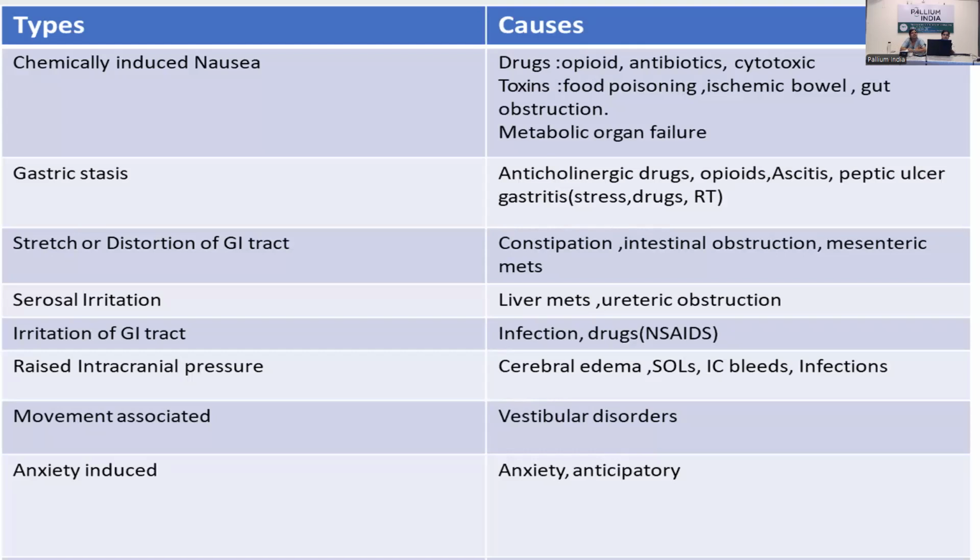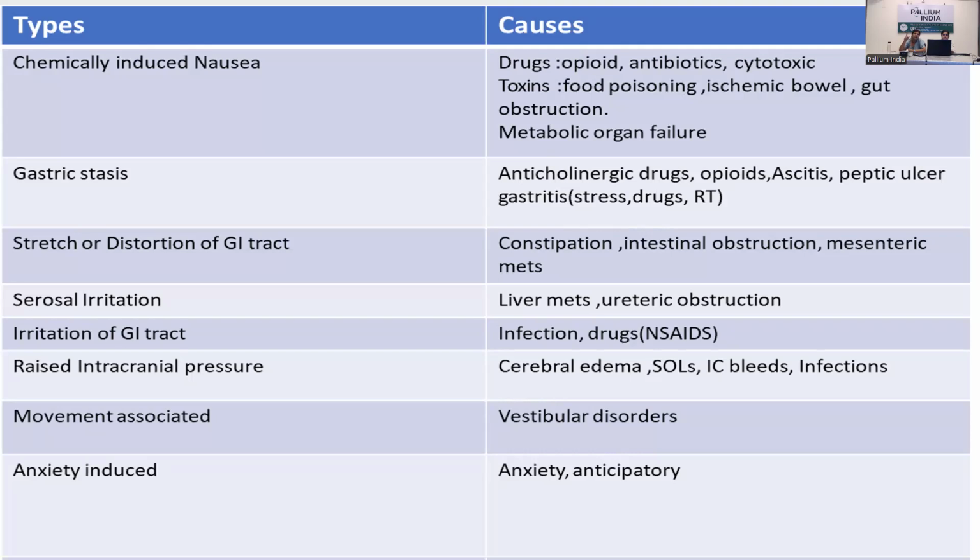Then irritation of the GI tract, raised intracranial pressure, something in your head, brain tumor, brain malignancies. It can increase the pressure inside the brain, space occupying lesion, malignancies. So all these can be other causes of vomiting.